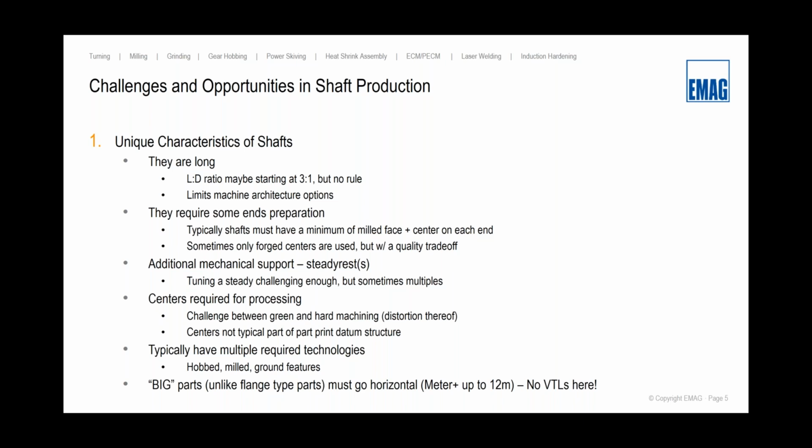And going back to big parts, we're not gonna use too many VTLs out there for big parts. There is one solution within the Emag group where we do have a VTL, in fact, with a tail stock to support the component, but that's limited on length. So you get up to those larger parts, not a lot of VTLs are going to be able to deal with those longer parts as we go.